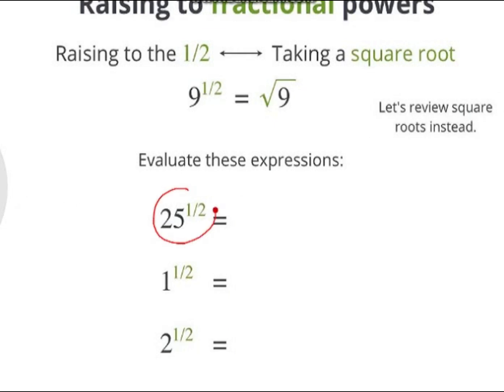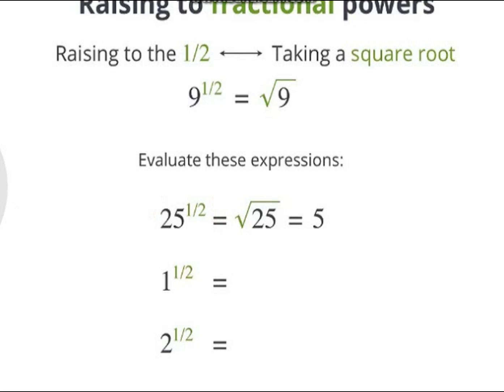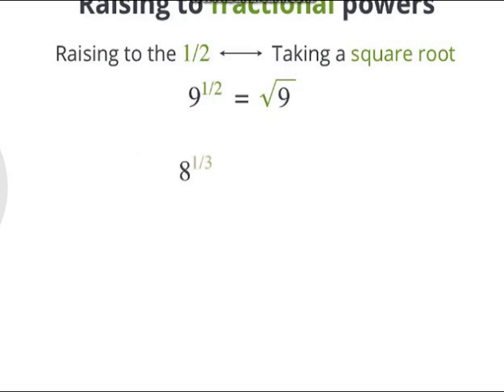Nicely done. 25 to the 1/2 power is the square root of 25, or 5. 1 to the 1/2 is the square root of 1, or 1, and 2 to the 1/2 is the square root of 2, which is approximately 1.41421, and so on.